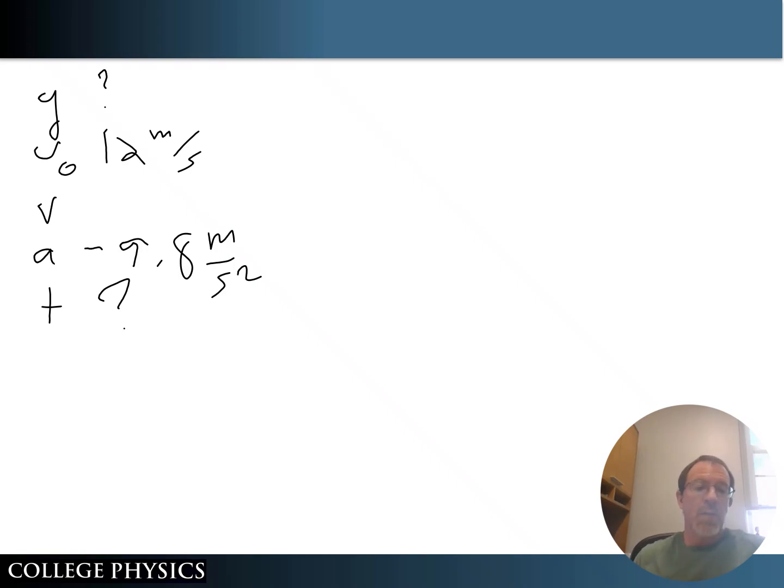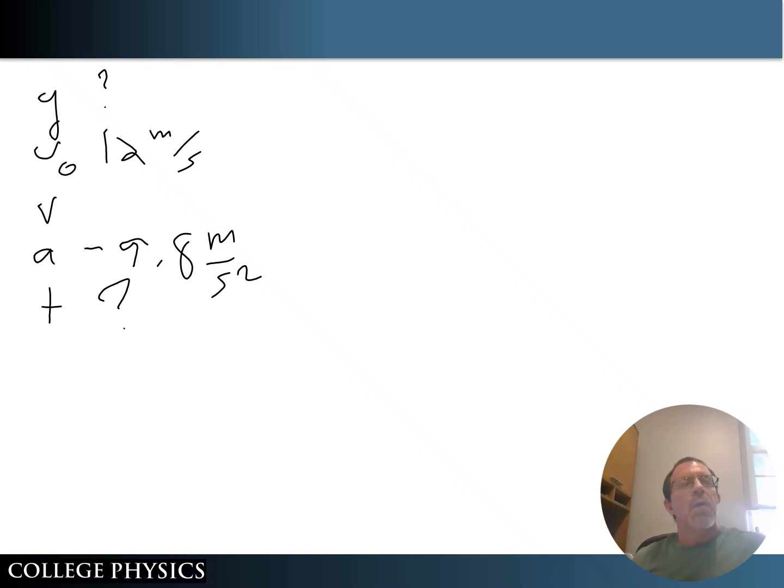We don't know the time. We know the initial velocity is 12 meters per second. We know the acceleration is negative 9.8 meters per second squared. I need 3 of 5 things in order to apply my kinematic equations and make the whole process work. The only thing I haven't filled in yet is the final velocity.